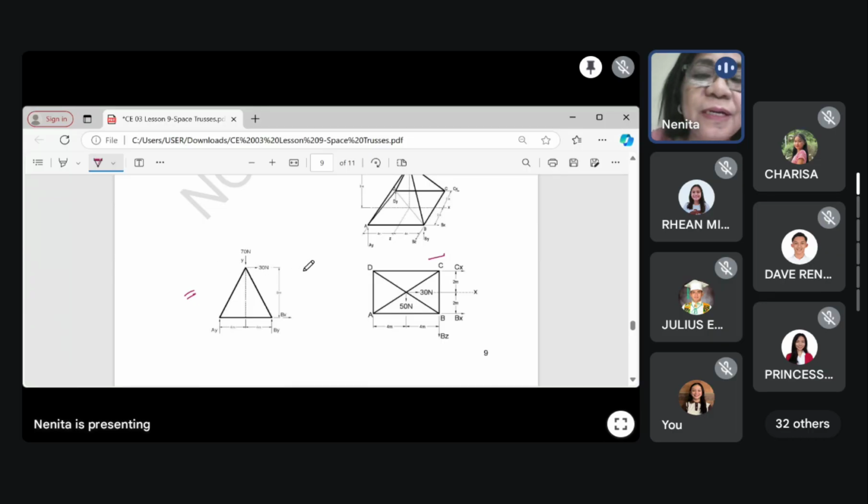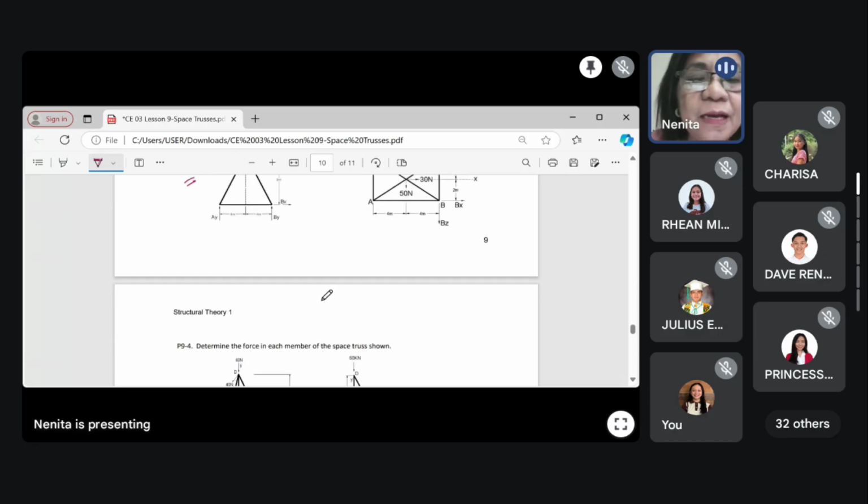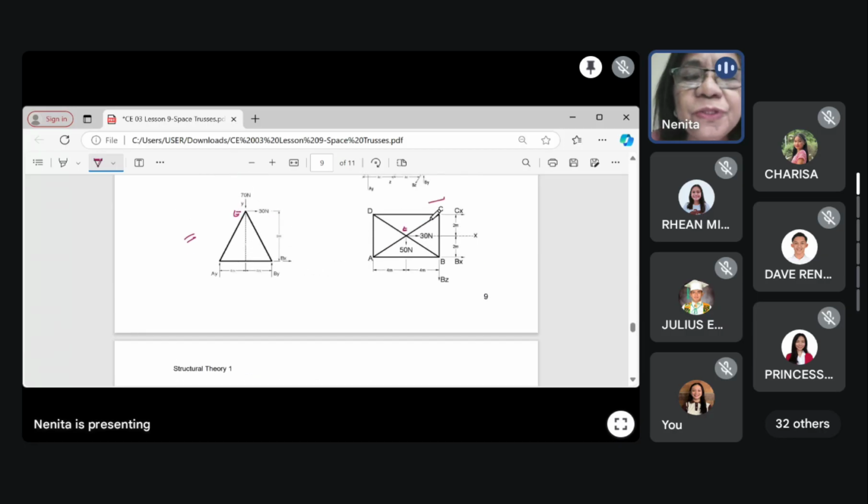Let's say this is the same joint E. Okay, this is also your joint E, okay? Okay, so kitang-kita natin, para when you deal with the solution, kita ninyo ang mako-consider.